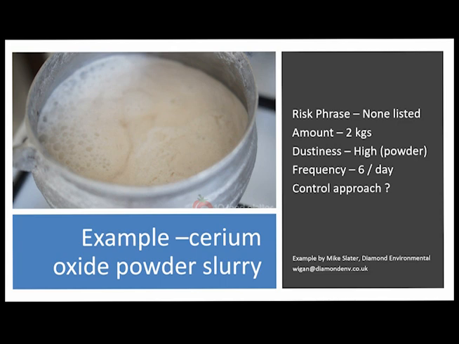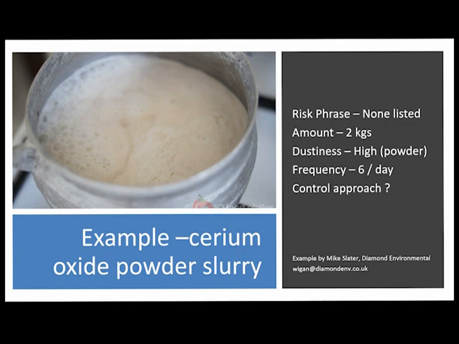Now, this is a fine powder which they use to polish lenses. And in itself, it's not hazardous. It has no H statements or R phrases associated with it. So it's just a general dust. You're using about 2 kilograms each time you're mixing these slurries up. And it's very high dustiness because it's a very fine powder. And you're doing this about 6 times a day.